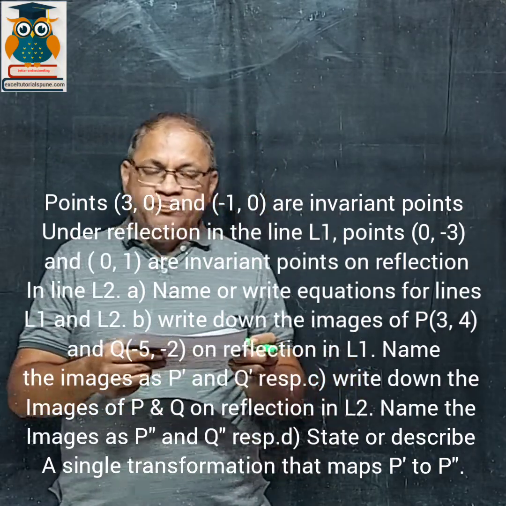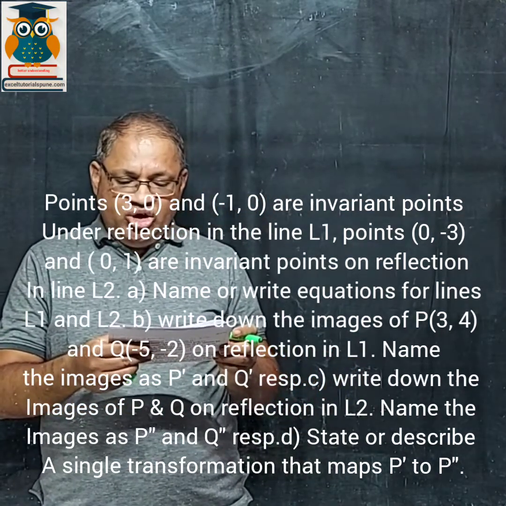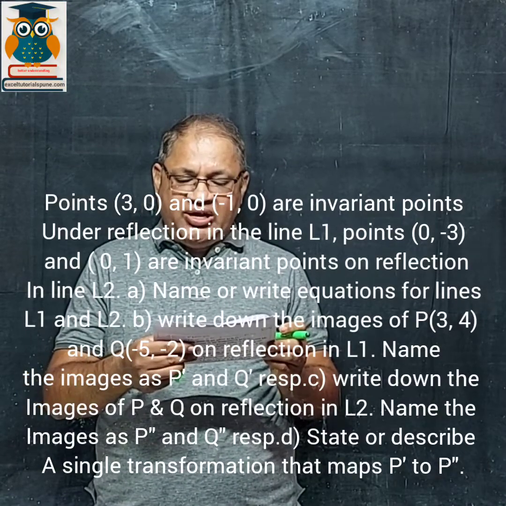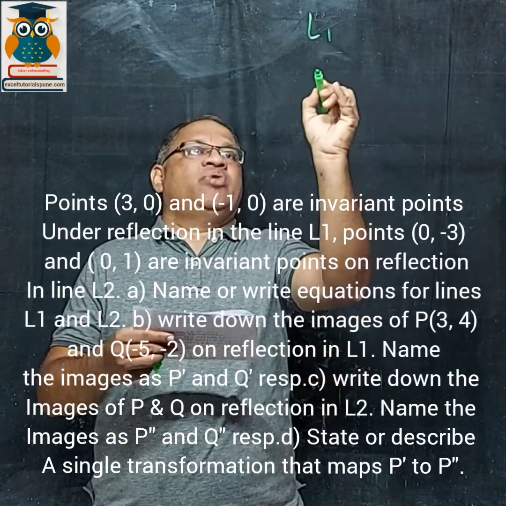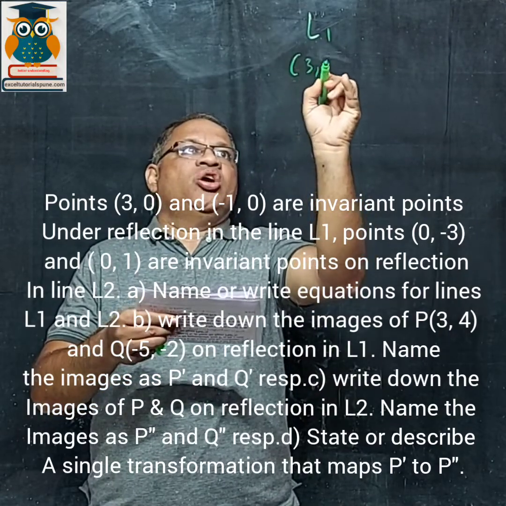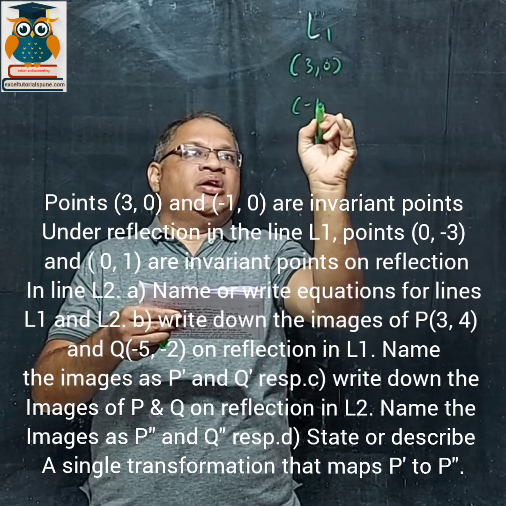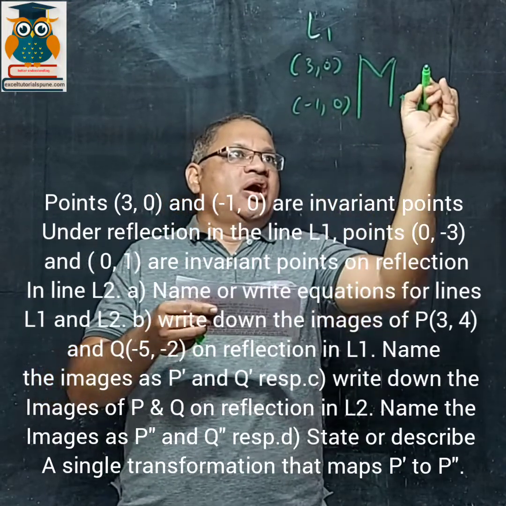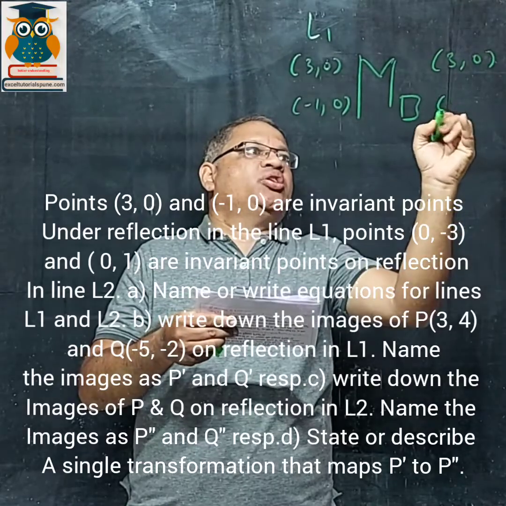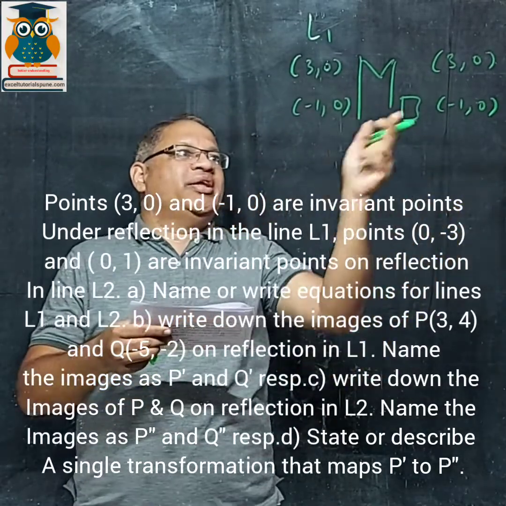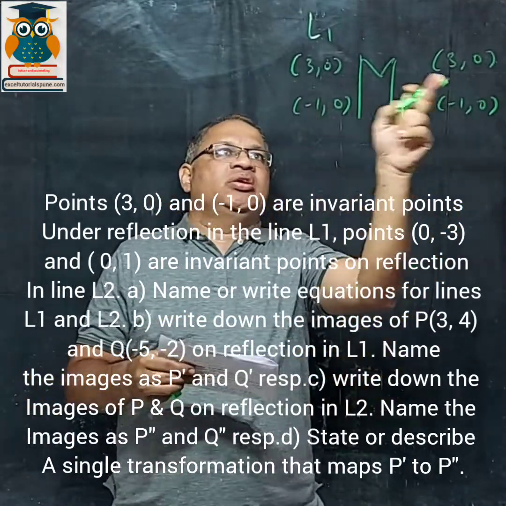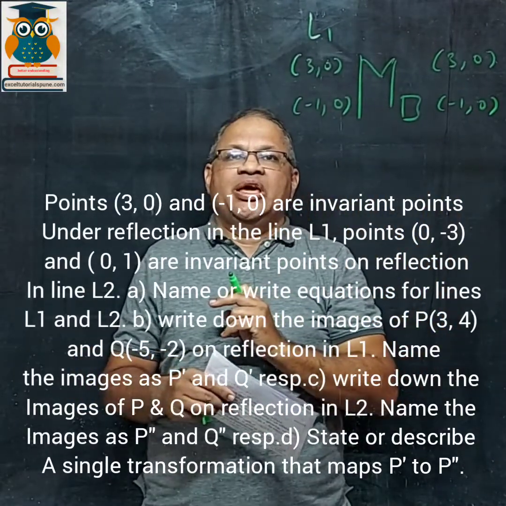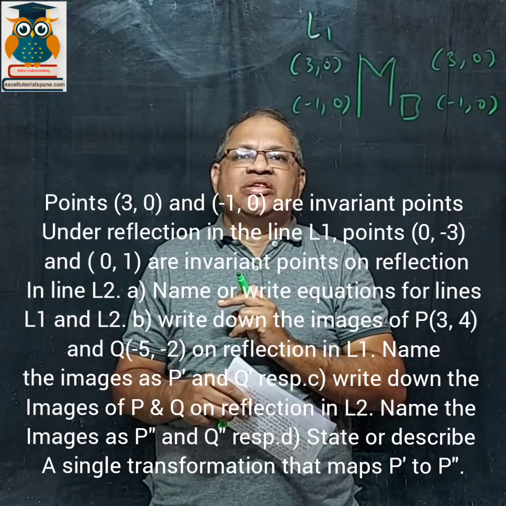So first we'll solve the A part, that is 3, 0 and minus 1, 0 are invariant points under reflection in line L1. Invariant means values do not change. So under what reflection will the question be equal to the answer? Yes, reflection in the x-axis.